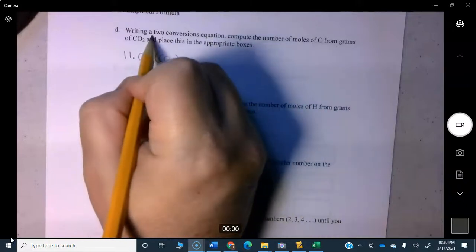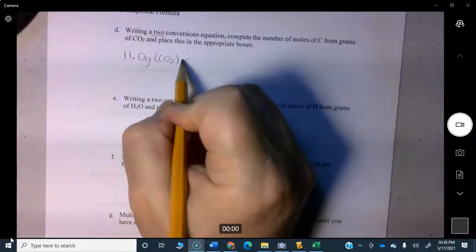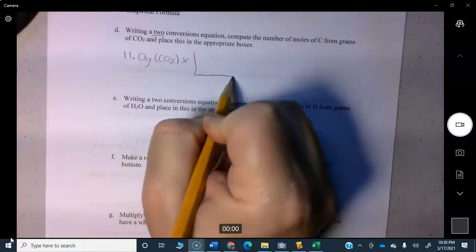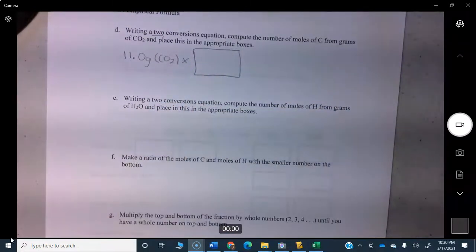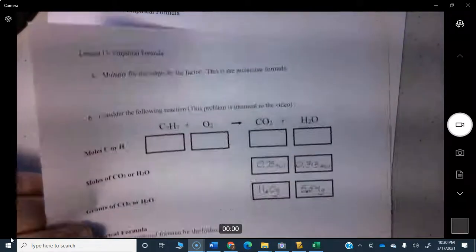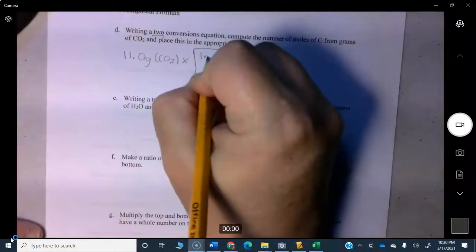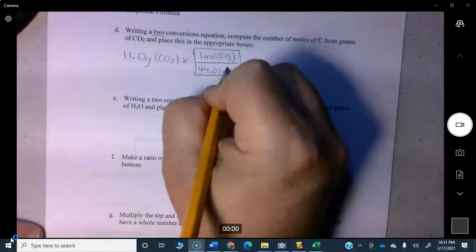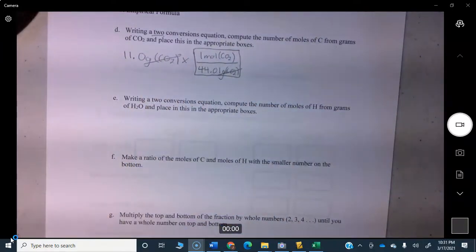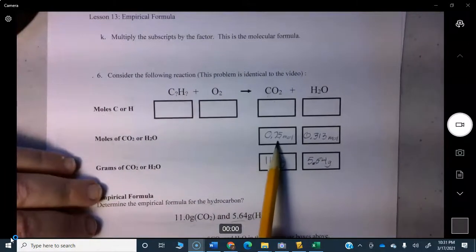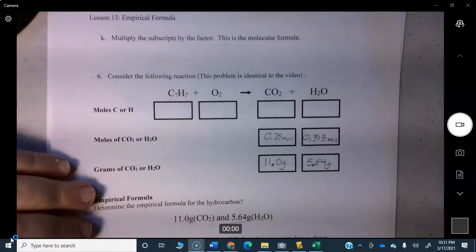And it says it's two conversions. So the first one is going to be really the one we already did. We need to get to moles, so from grams to mole. Okay, and grams of CO2, grams of CO2. So that would give you this 0.25 moles.